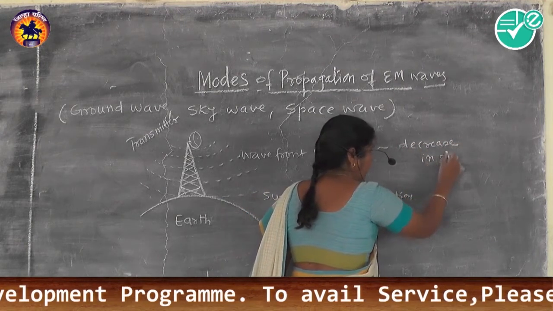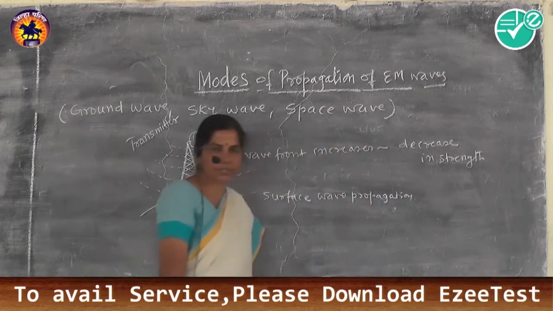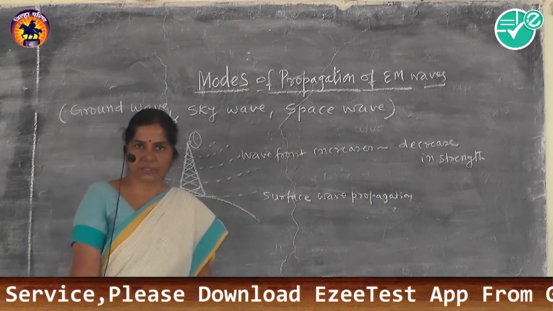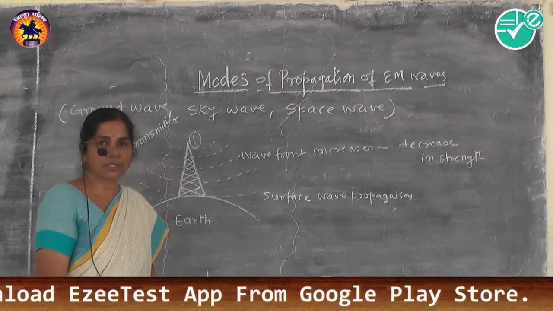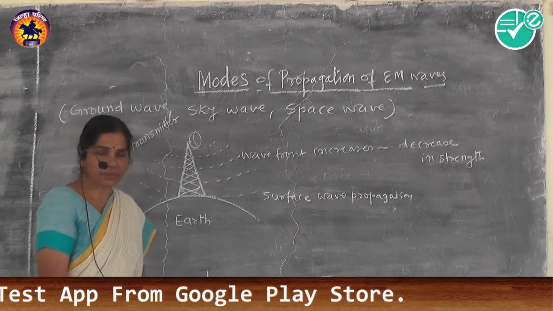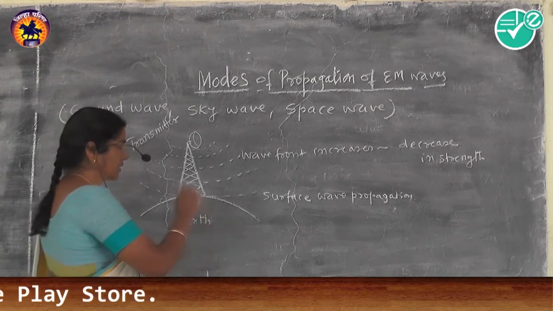The strength of the wave is decreased due to obstacles, resistance of air or the induced current produced in the ground.